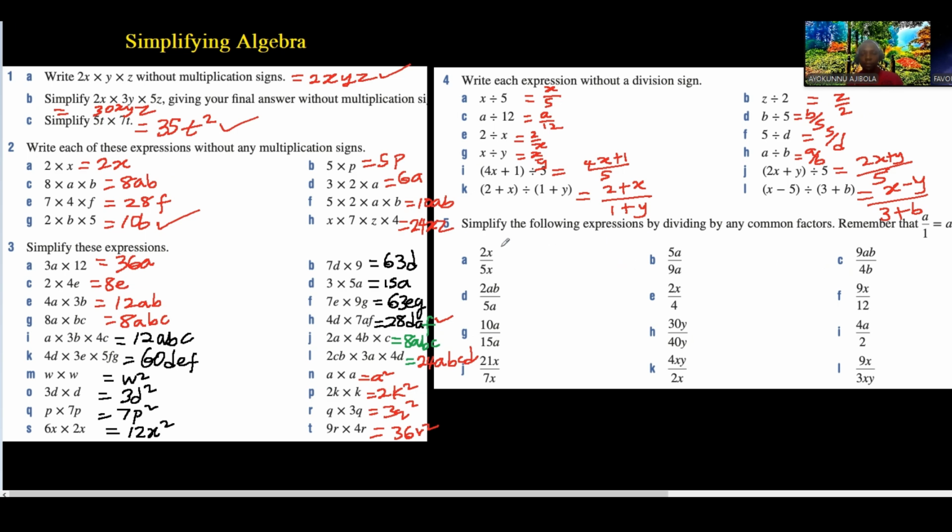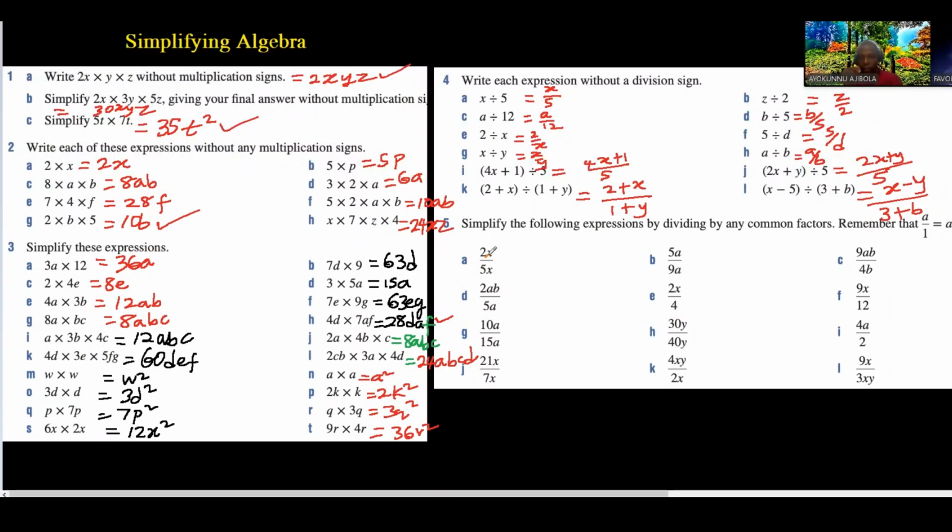Simplify the following expressions by dividing by any common factors. What this is trying to let us know is that we should reduce them to the lowest term possible. Simplify. So I can divide x by x here, so I have just 2 over 5.